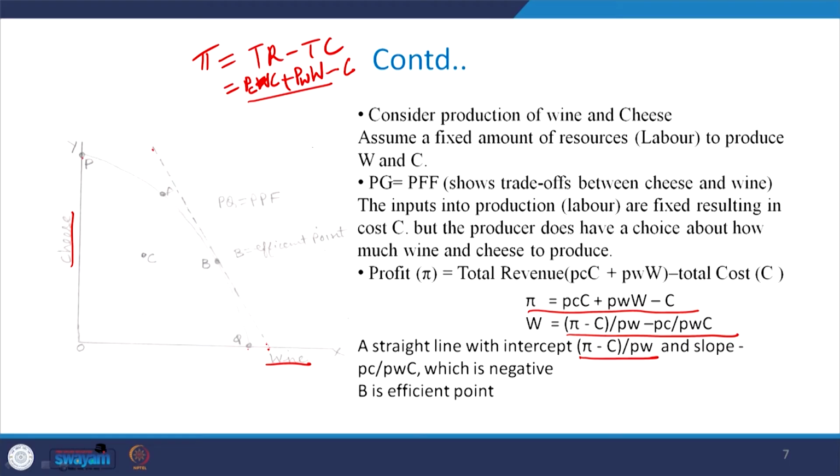The slope is minus PC divided by PW, of this price line, and the slope is in this case positive. Why is it positive?